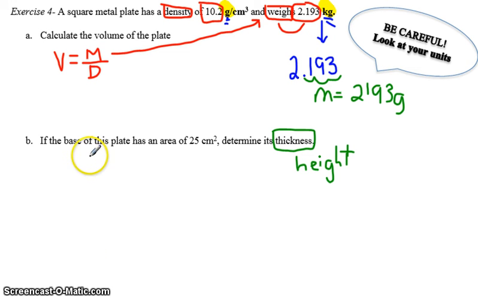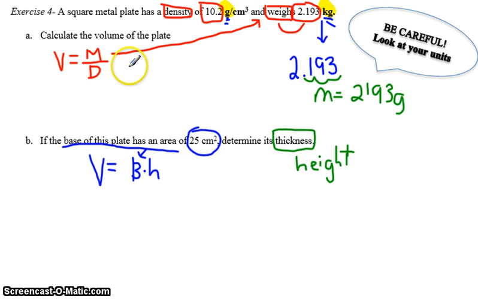So, remember that volume is equal to big B times H. The base of this plate has an area, which is big B, of 25 centimeters squared. You have the volume from this problem up here, and remember you're trying to isolate for that height there. So we'll go over that problem tomorrow in class.